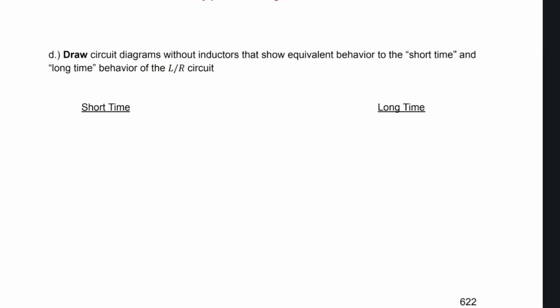So now we're going to draw circuit diagrams without inductors that show the short and long time behavior. So basically, we're just saying we need something in the short time that is going to block the current, and we need something in the long time that is going to allow current. And remembering what we did with capacitors is going to make this quite easy to make this logical jump.